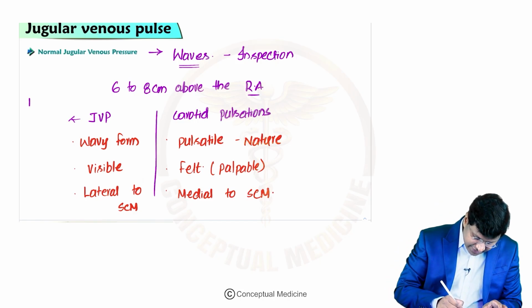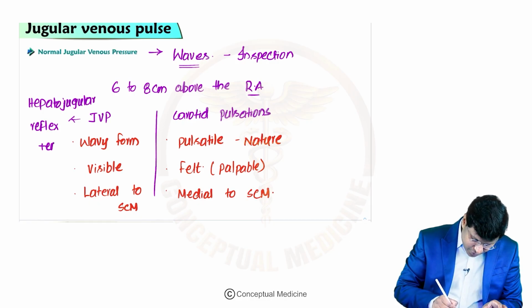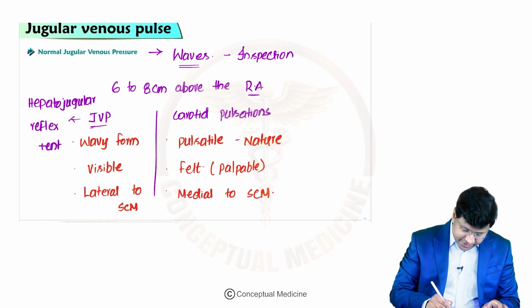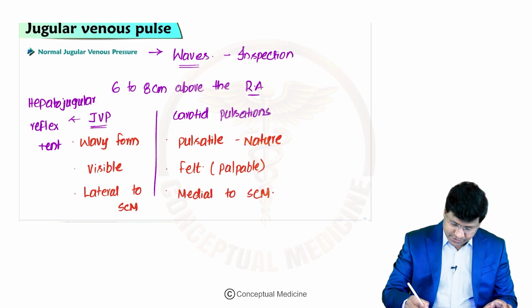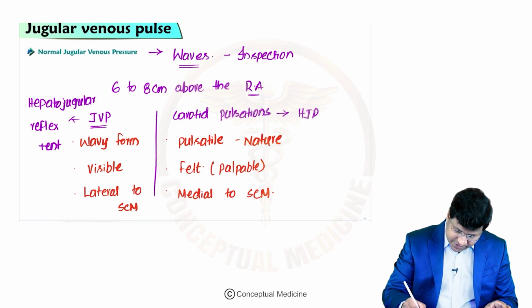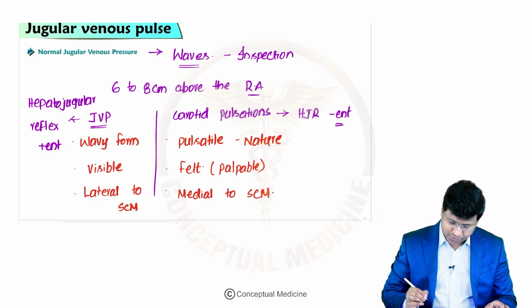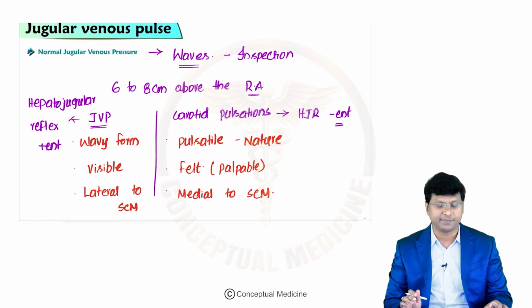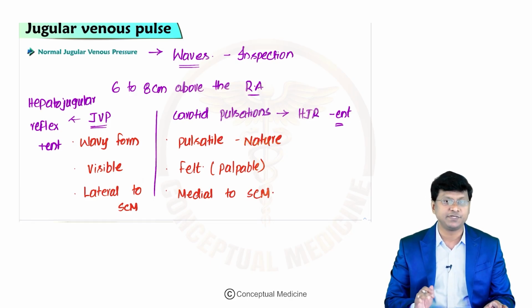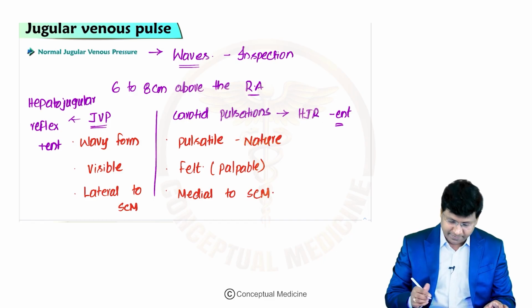The hepatojugular reflex is present in case of the JVP, whereas in case of the carotid pulsations, the hepatojugular reflex is absent. So, these are some of the differences between the JVP and the carotid pulsations.